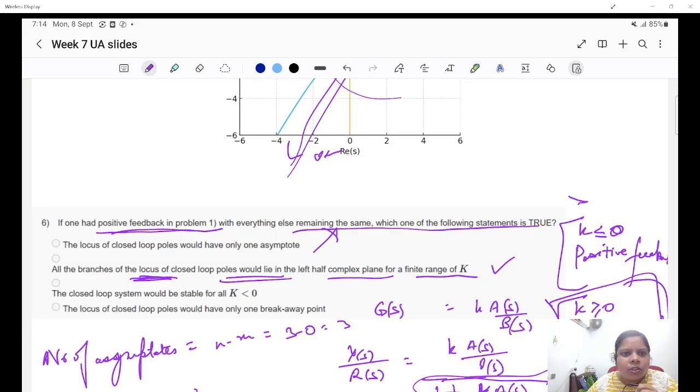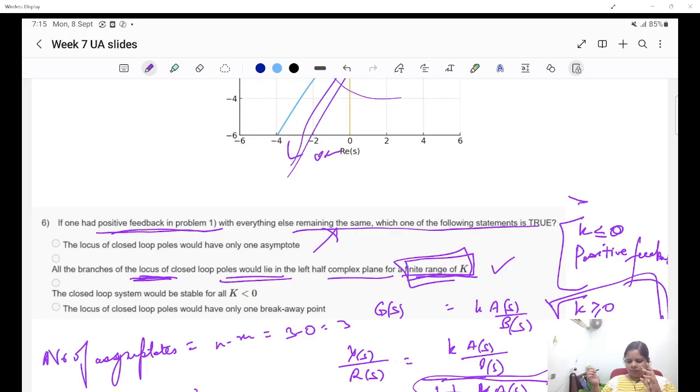Just a second, let me check the answer to this question. This is question number 6. Yes, they say the second option to be the correct option. So this finite word is talking about only some range of k. So all the branches of the locus of closed loop poles would lie in the left half of the S-plane for finite range of k. For some range of k, it is going to lie in the left half of the S-plane.